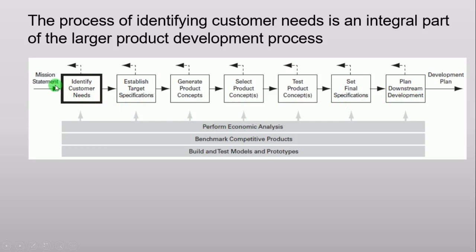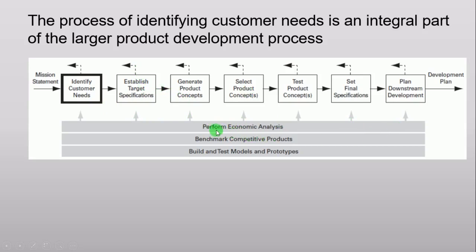After completion of the mission statement, we can start with the first step, called identifying customers' requirements. Then establish the target specifications, then generate the concepts, select the concept, then test the concepts, then set the final specifications for the given concepts, and now we start to plan the downstream development. Here it is simply called understanding the product development process.